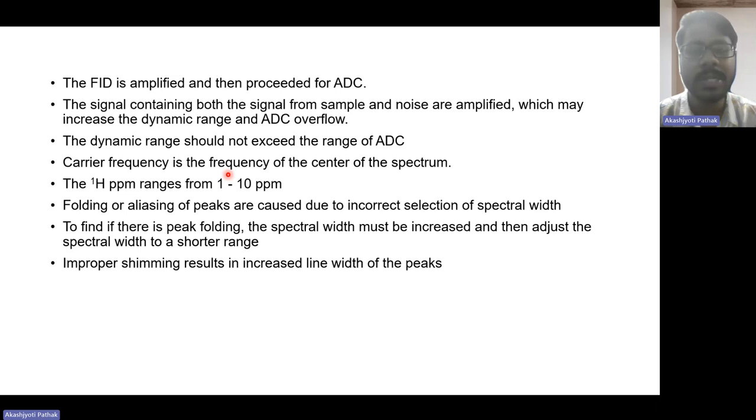Unfolding or aliasing, why does it take place? If the spectral width is not selected correctly. So if the spectral width is kept very short, then what will happen? The signal that is outside the spectral region will fold into the region of the spectral width.